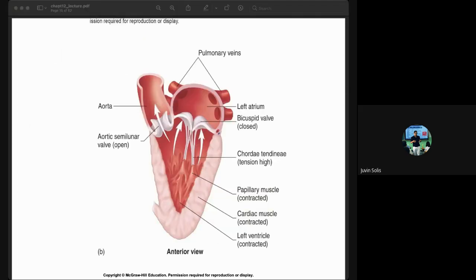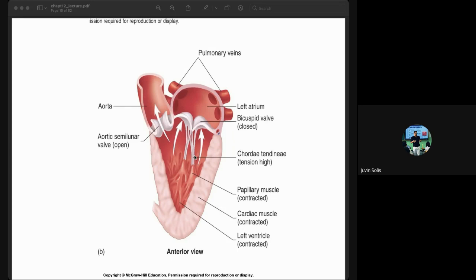Okay? Now, tingnan din naman natin ito. So what is happening here, when the ventricles relax, the pressure in the aorta and the pulmonary trunk are higher than the ventricles. Okay? Kapag nag-relax ito, ating ventricles, yung pressure sa aorta and pulmonary trunk natin are mas mataas.